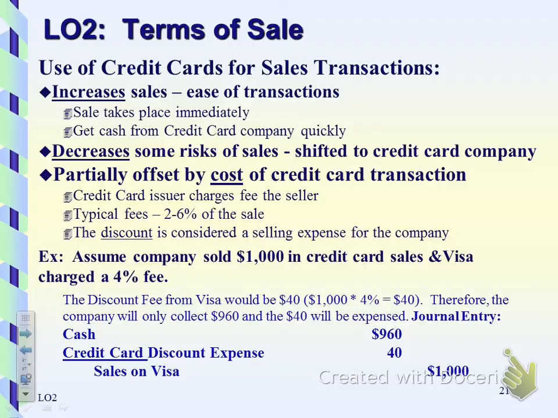Visa's going to take their fees off the top, and so it's going to be considered what we call credit card discount expense. So Visa keeps their 4% fee of $40, so they only send my company $960. Follow me? I don't have to go and send them money, but I don't get the full $1,000. So this is how we would record this transaction.